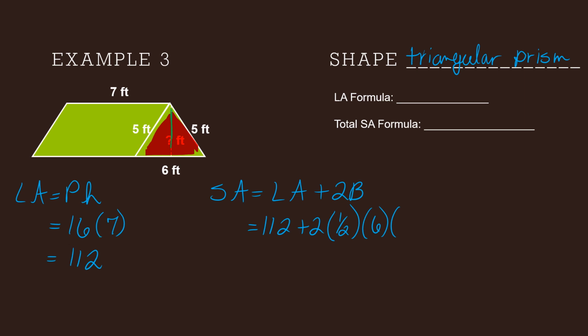If I look right here, this is my right triangle. This is 3. So I'm going to be using the Pythagorean theorem. So 3 squared plus my height squared equals 5 squared. So my height is 4.